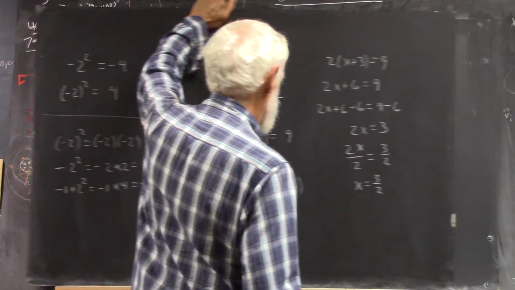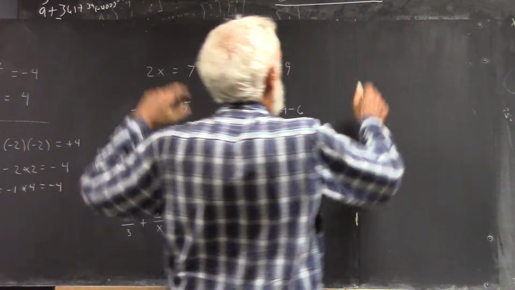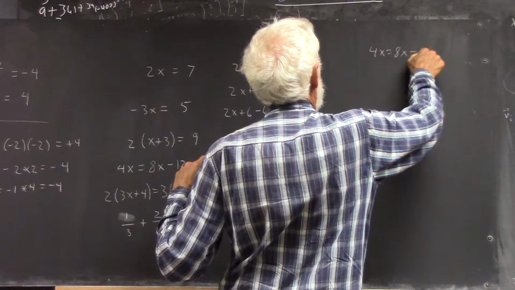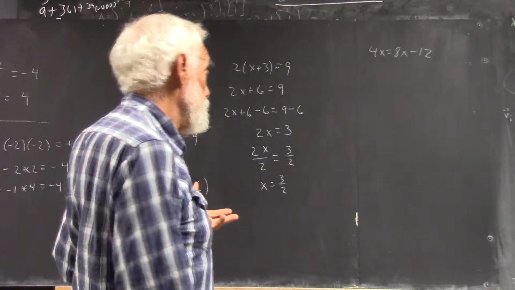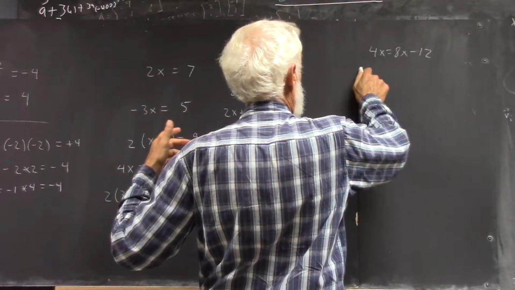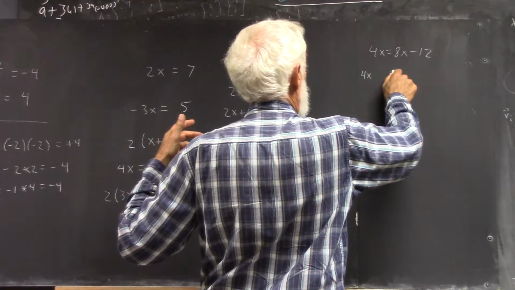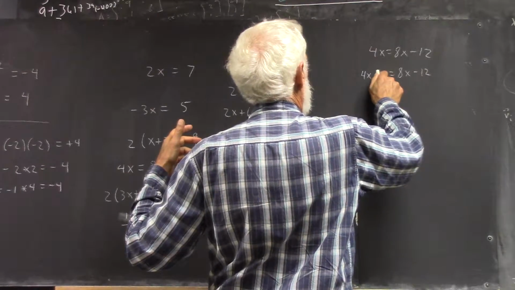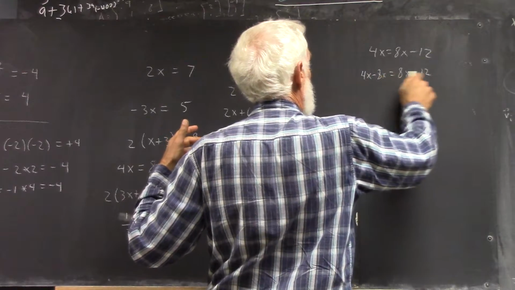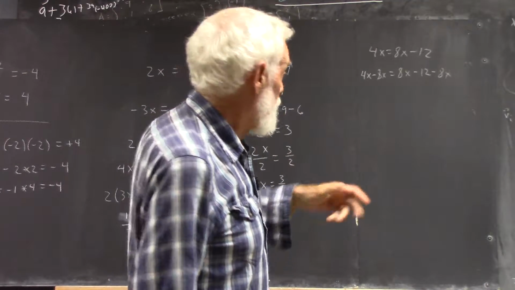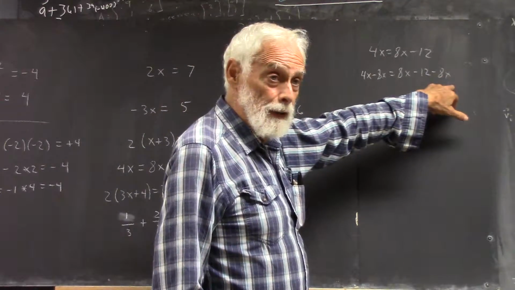Okay, so now if we have 4x equals 8x minus 12, it's just a little trickier. It's not quite what you want to see. Well, what you have to do is you subtract 8x from both sides, which will have the effect 8x minus 8x is 0.